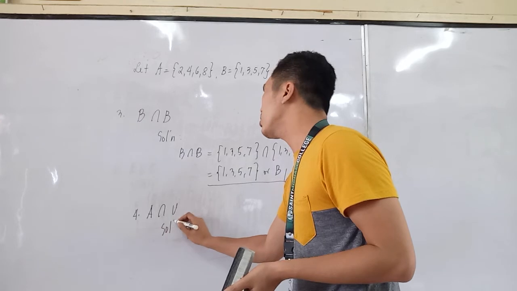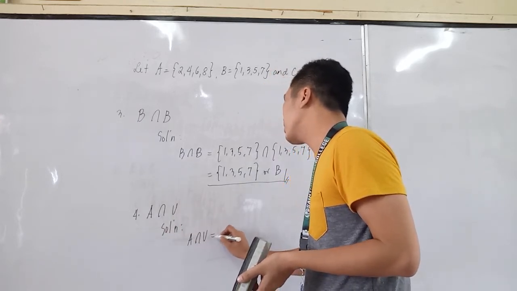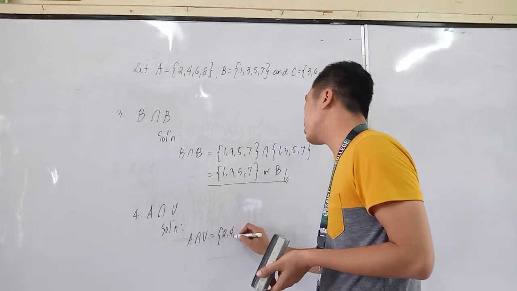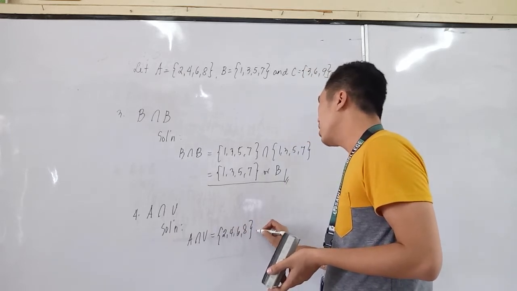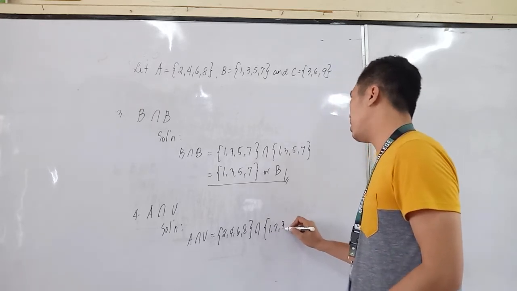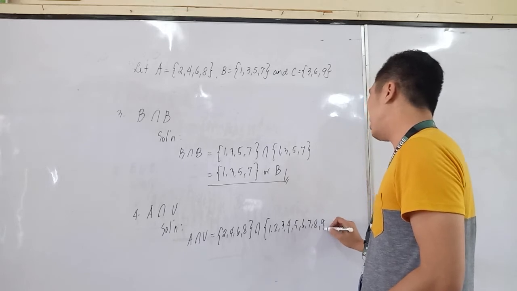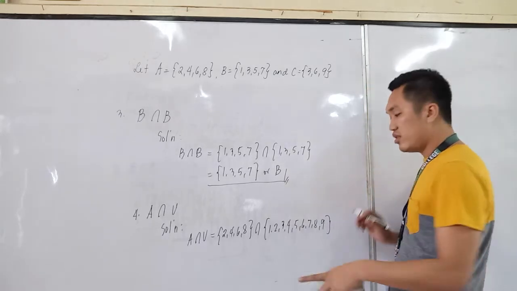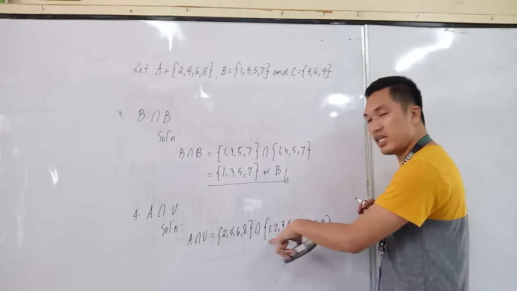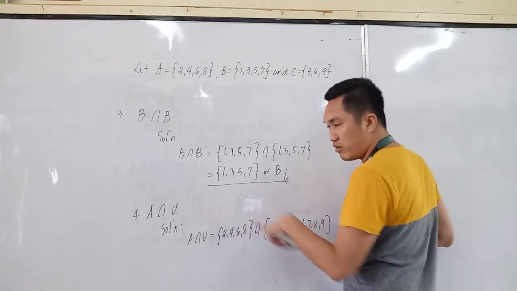So for the solution, we have A intersection universal, we have 2, 4, 6, 8, intersection, then we have 1, 2, 3, 4, 5, 6, 7, 8, and 9. Question, sir, where did you get these elements of the universal set?